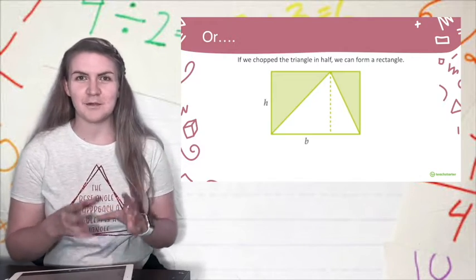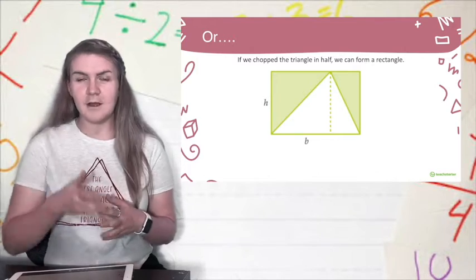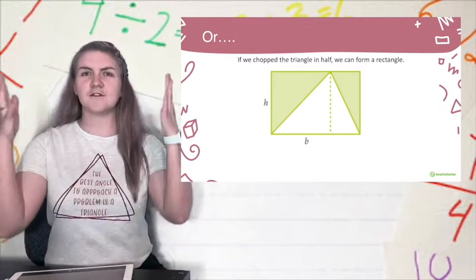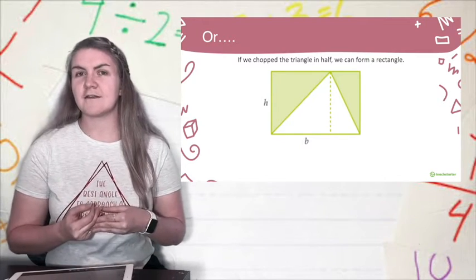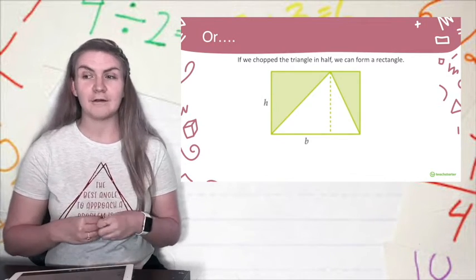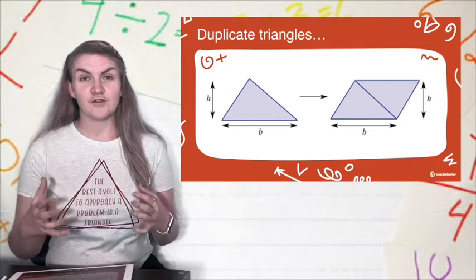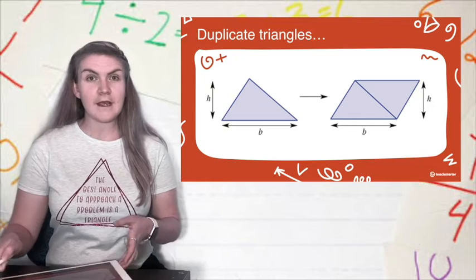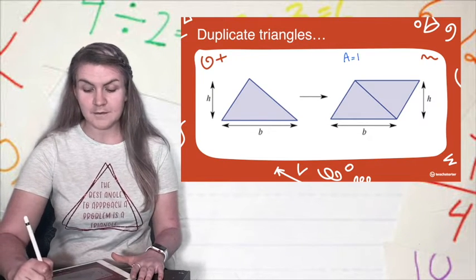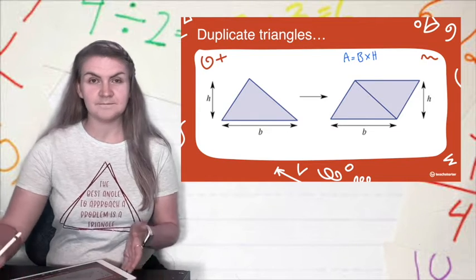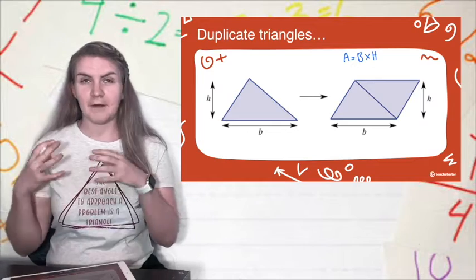This last example is just to prove to you that we could turn any triangle into a rectangle by chopping it in half and then duplicating it, but it might actually be more useful for us to think of a triangle as half of a parallelogram. So then let's think about what our formula for the area of a triangle would be. Our formula for a parallelogram was area equals base times height. We can see that two triangles make a parallelogram.